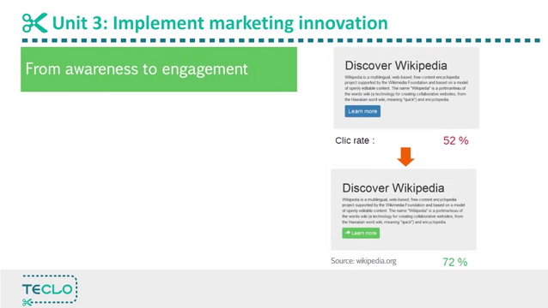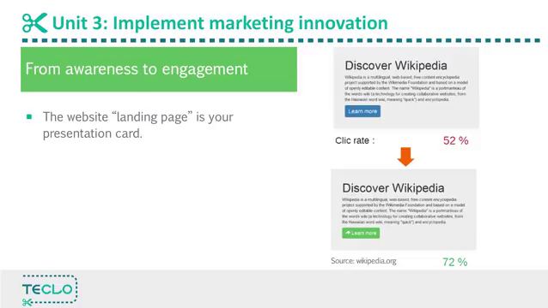From awareness to engagement. For each phase, there are marketing tools that can help to increase the conversion rates. For the awareness phase, there is no tech solution that you can implement inside your website, as it consists of attracting people to it. That's why we'll talk about social media in the following slide. In the engagement phase, we can start by optimizing the landing page.